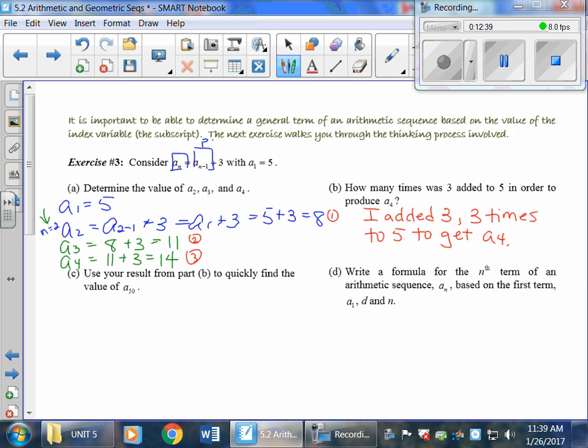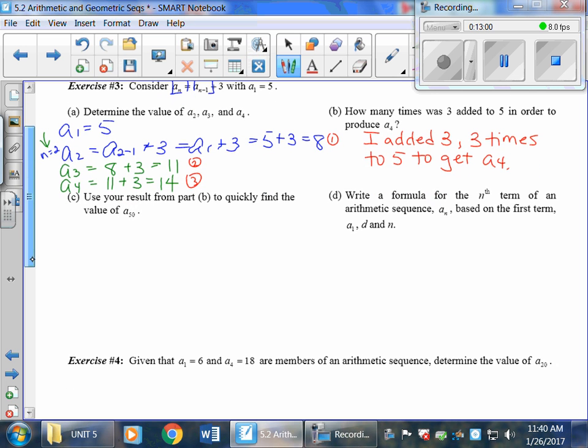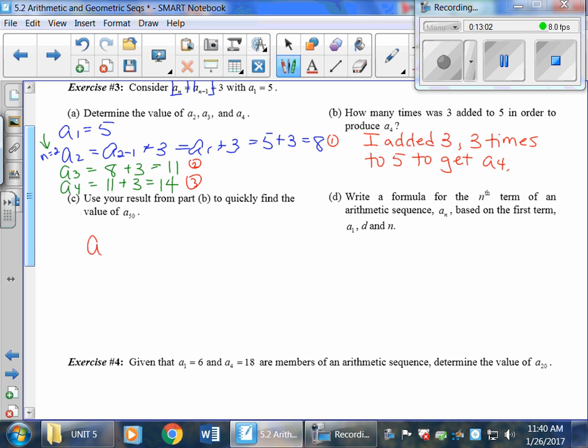So use your result from part B to quickly find the value of a sub 50. So I think what they're saying is that to get to a sub 4, we had to add 3 times, which means that we did 3 times 3 is 9, and then we added that to the 5. So keeping that same thought, in order to get to a sub 50, we're going to have to take 5, and what are we going to have to do to it?